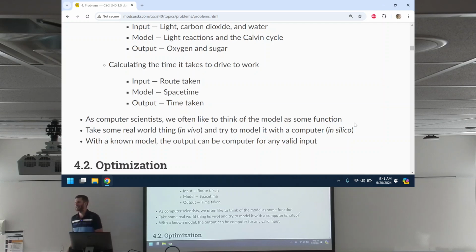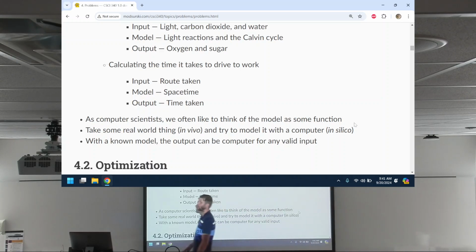So as computer scientists, we often like to think of these things as functions, like I was just saying, and when you take some real world thing, in vivo, which scientists love to use Latin, in vivo just means in real life, and we try to model it in the computer, in silico. Again, this is actual Latin, this is bullshit Latin, but the scientists like to feel smart, so they say in silico.